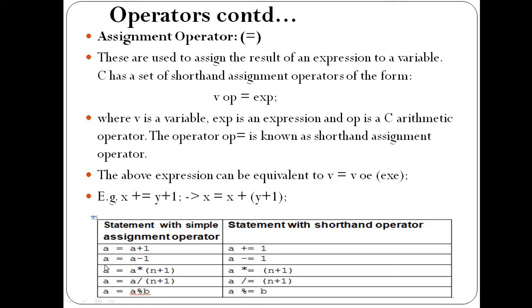Same for the next examples: a = a - 1 is written as a -= 1. a = a * (n + 1) is written as a *= (n + 1). a = a / (n + 1) is written as a /= (n + 1). a = a % b is written as a %= b.